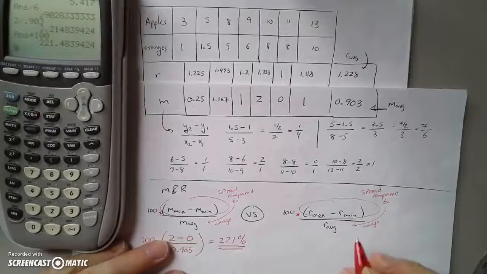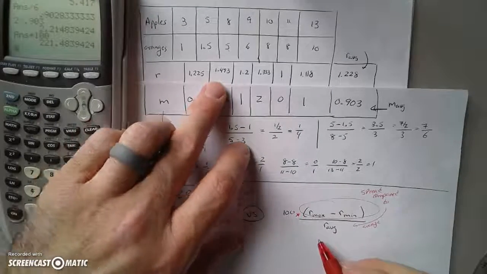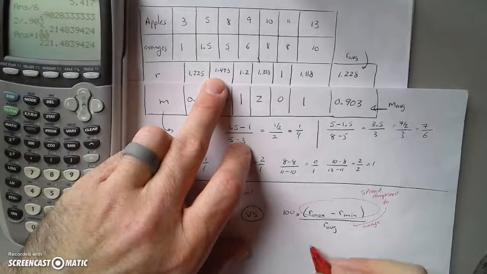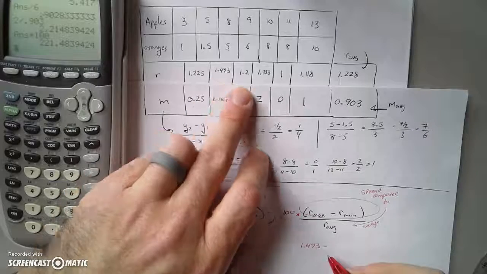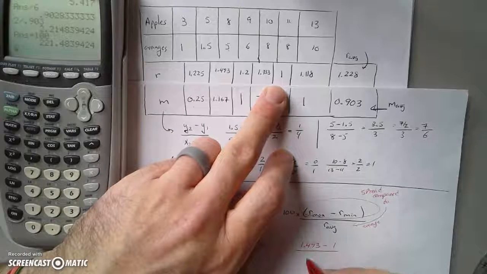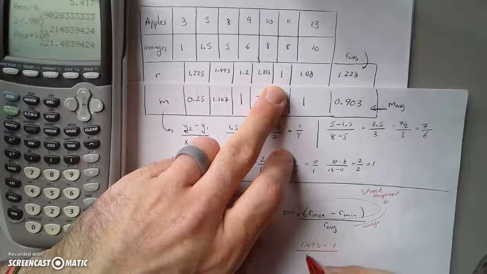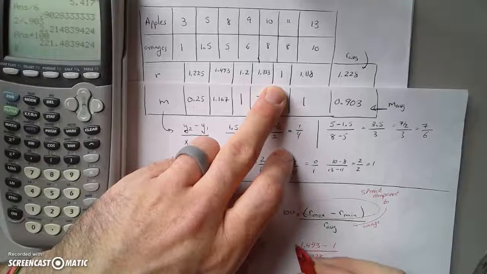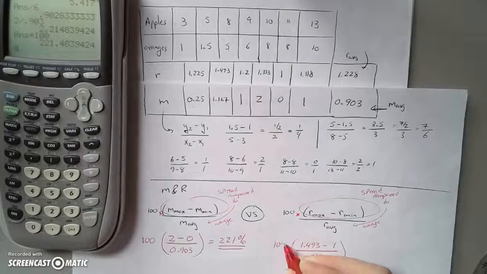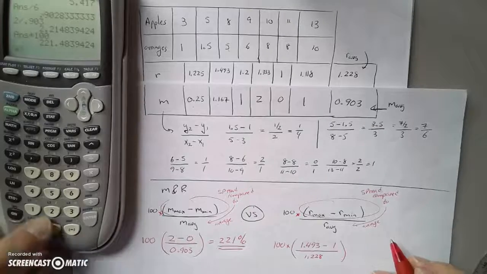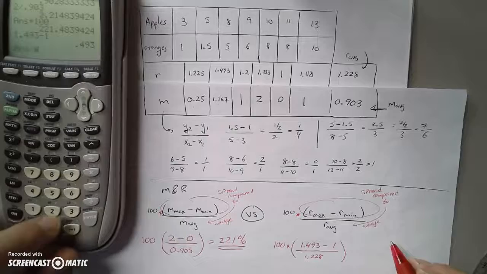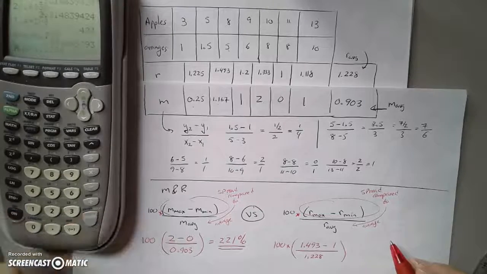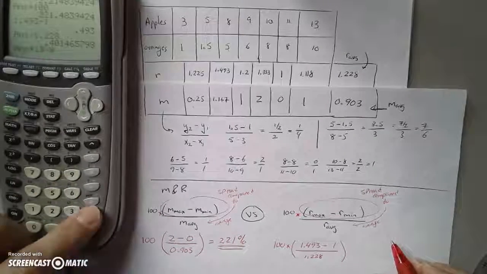What about r? Our largest value of r is 1.493 minus the smallest value, which is 1, divided by the average, 1.228. Multiply that by 100. Let's see if this is any better. 1.493 minus 1 divided by 1.228 times 100.